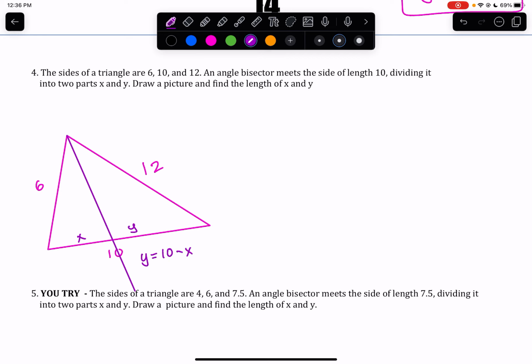And now I'm going to set up my proportion. So x over 6 is equal to 10 minus x over 12. Cross multiply. Now we're going to solve for x.